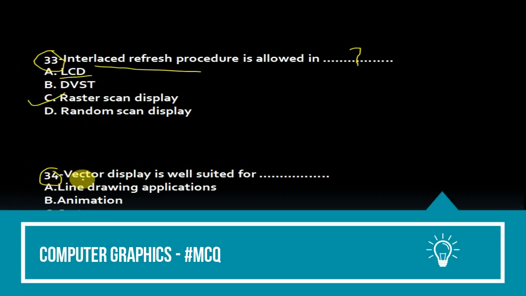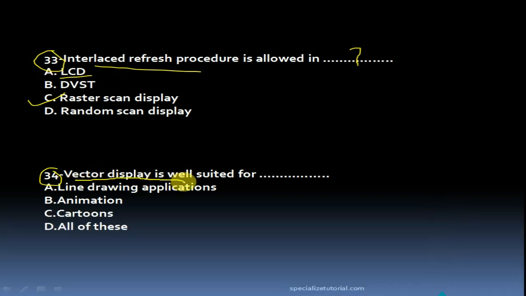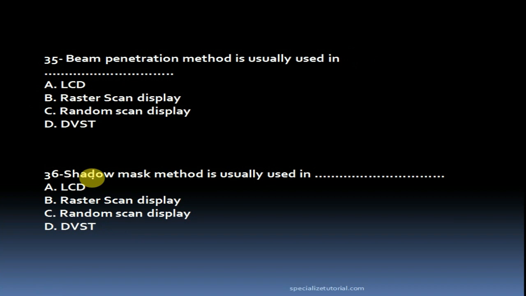Question number 34. Vector display is well suited for line drawing applications, animations, cartoon, and all of this. Basically vector display is used for line drawing applications, not for animation, cartoon. So A is the right answer. Now take the next question.